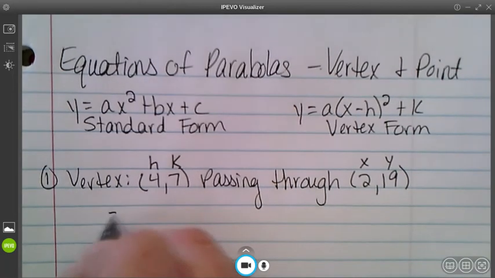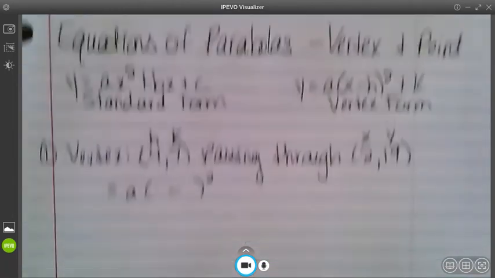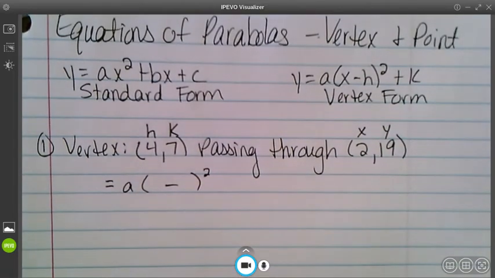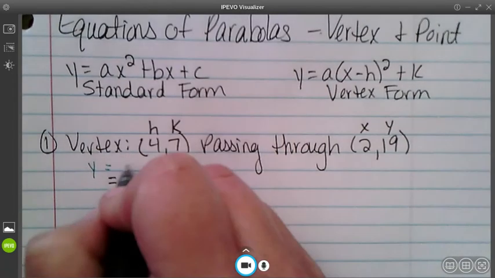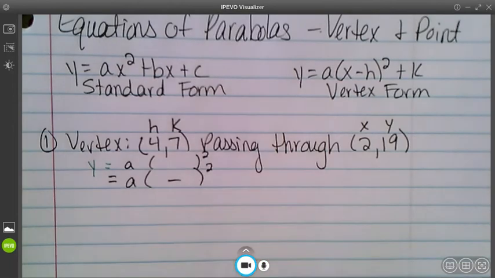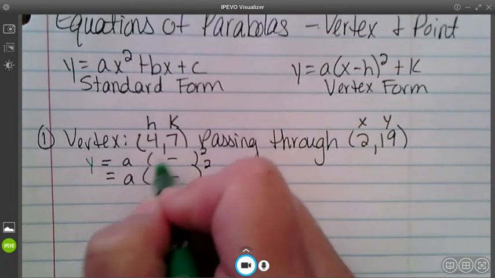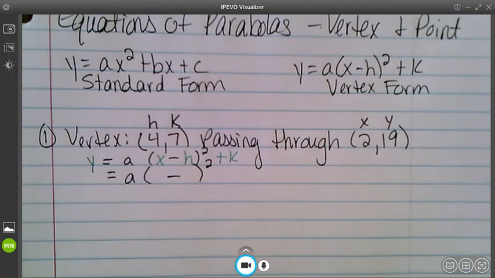So what I'm going to do is leave a template here. So basically, I've got a place for the Y, a place for the X, a place for the H, and a place for the K. And how about in a different color, just to remind ourselves, Y equals A parentheses, and then we've got X minus H squared plus K. So I'm not color coding necessarily, but I did want to point out the four numbers I am plugging in and what is not going to be plugged in.